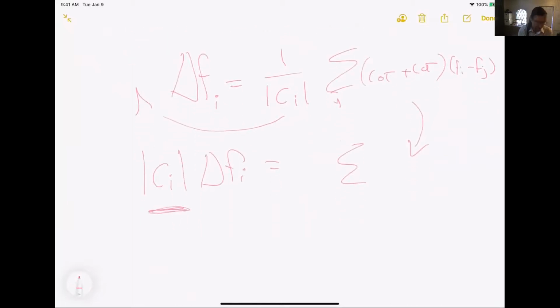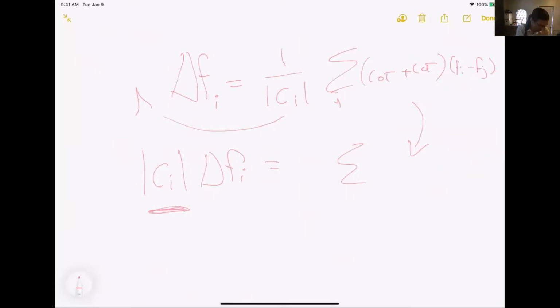This is where the mass matrix goes. The mass matrix is just a diagonal matrix where each entry on the diagonal is the area of the dual 2 cell corresponding to that vertex.